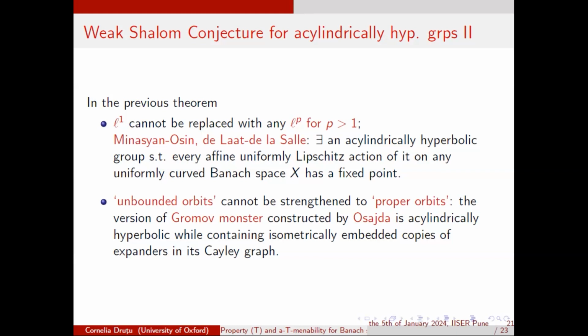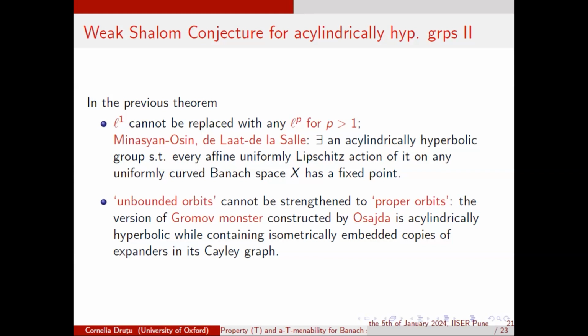This is a result of a paper with a third co-author, and I'm sorry to say that I forgot him. But anyway, we do need this construction of Osajda, but once we have it, we will have an acylindrically hyperbolic group that contains infinitely many expanders.